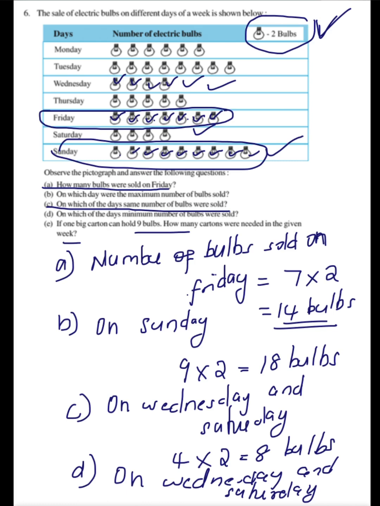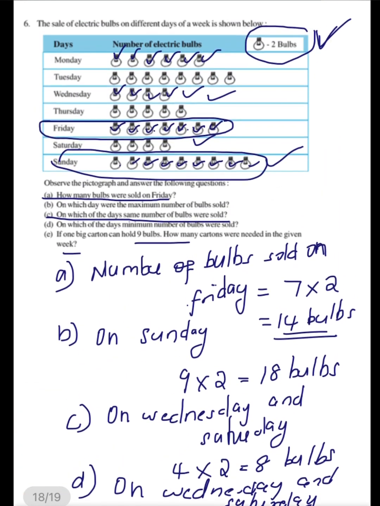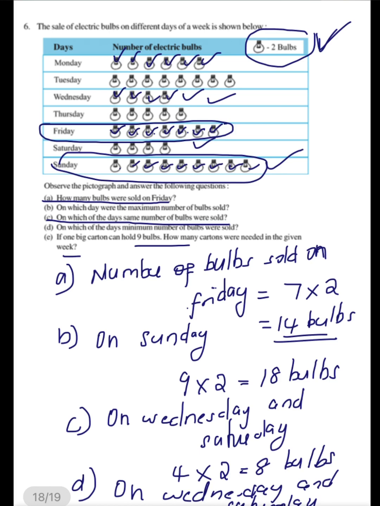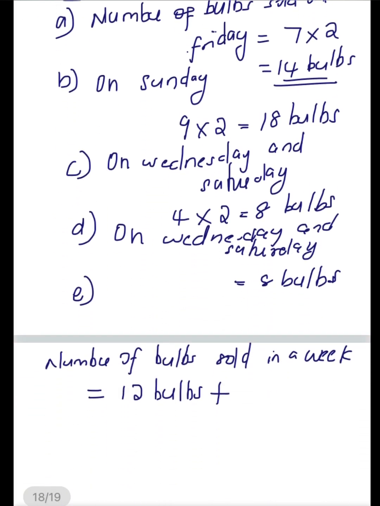Number of bulbs sold on Monday: 1, 2, 3, 4, 5, 6. 6 pictures means 6 into 2 equal to 12 bulbs. So 12 bulbs were sold on Monday. Plus, now what about the number of bulbs sold on Tuesday? You have to count it: 1, 2, 3, 4, 5, 6, 7, 8. 8 into 2 equal to 16 bulbs.